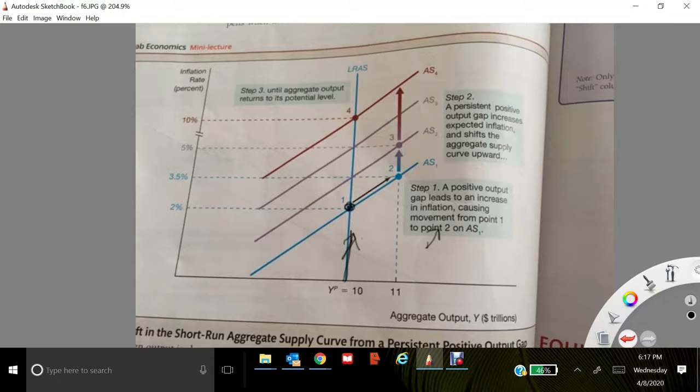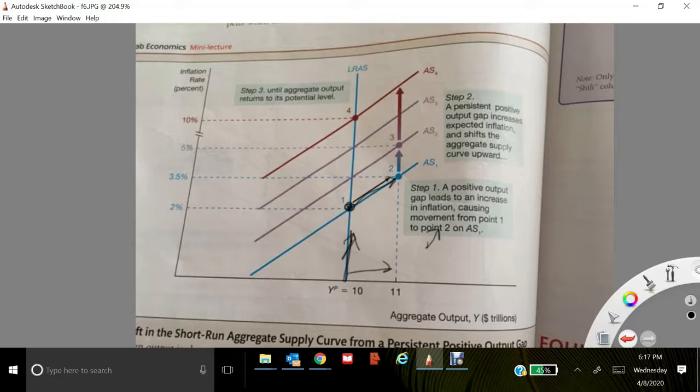The first thing that happens, let's say there's an increase in inflation, or an increase in output. A positive output gap, from 10 to 11, 11 minus 10. That will result in a movement along the AS1 curve.